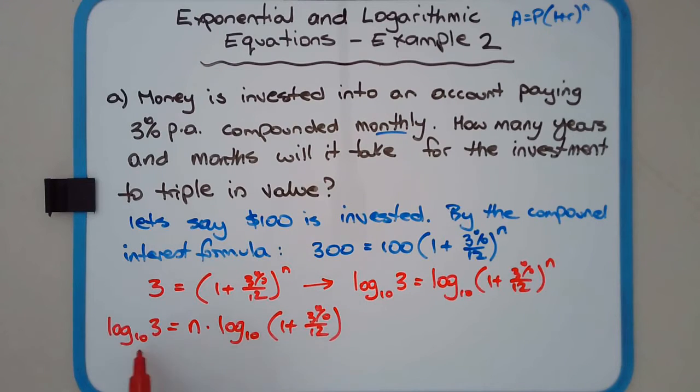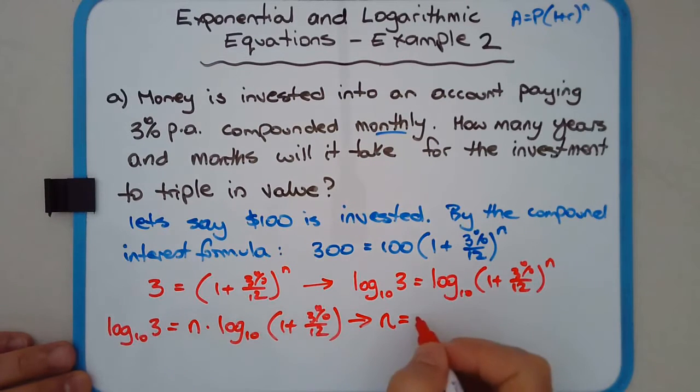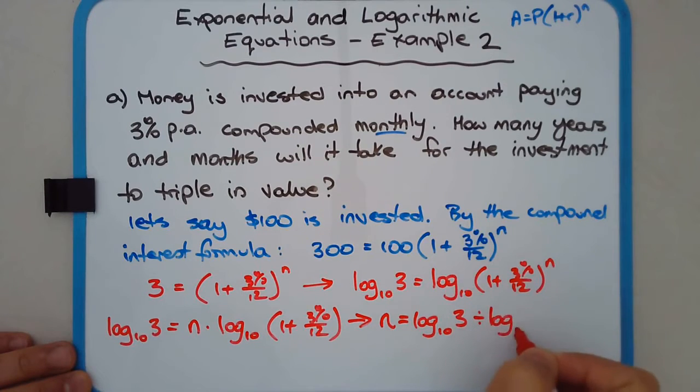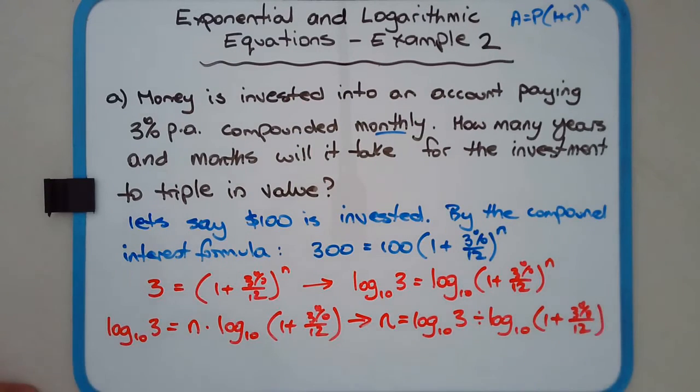We divide both sides by log base 10 of 1 plus 3% on 12, so n is equal to log base 10 of 3 divided by log base 10 of 1 plus 3% on 12.